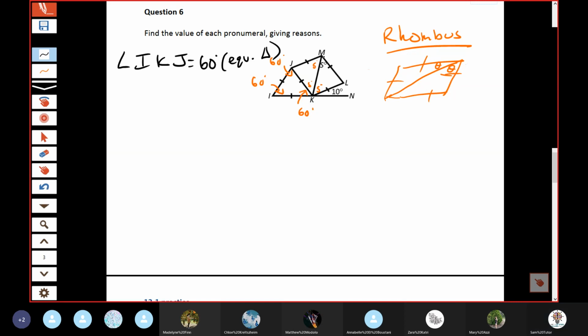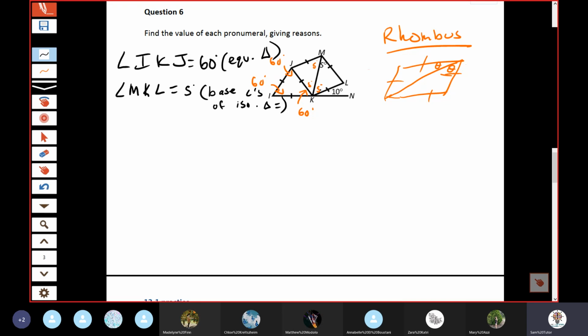Now, angle MKL equals S. Reason: base angles of isosceles triangles are equal.